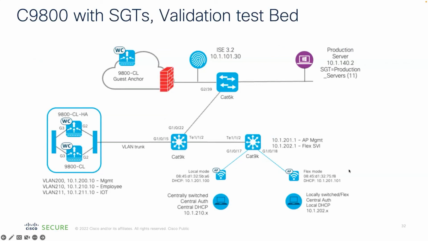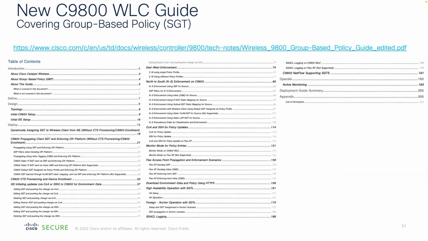So we took all these modes, we tested all the SGT operations, that is the propagation with SXP, inline tagging, the CTS provisioning and enrollment, the change of authorization, east-west enforcement, north-south enforcing, the monitor mode, high availability, the foreign anchor, logging, NetFlow, so all that information is within the doc.